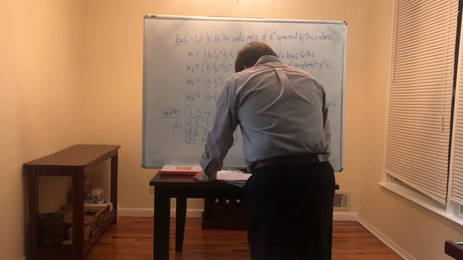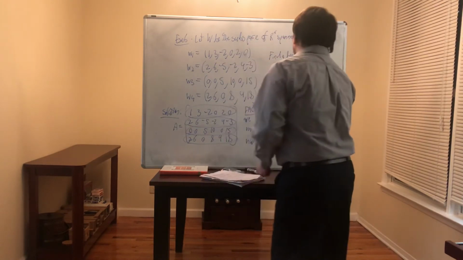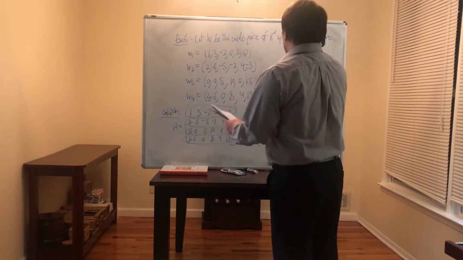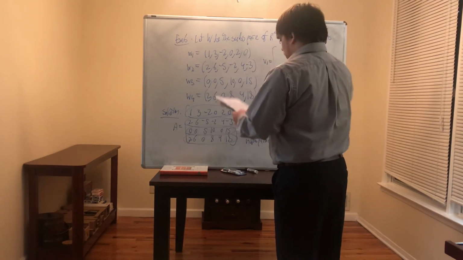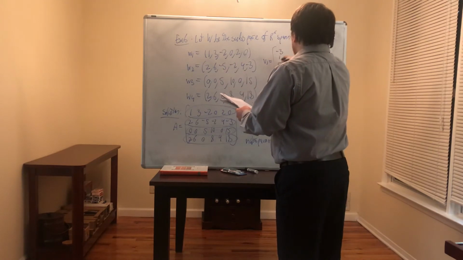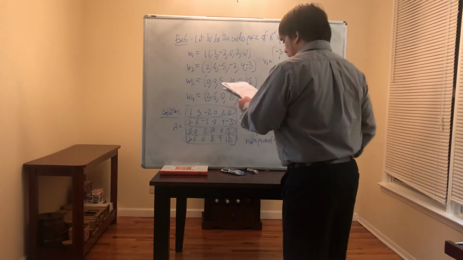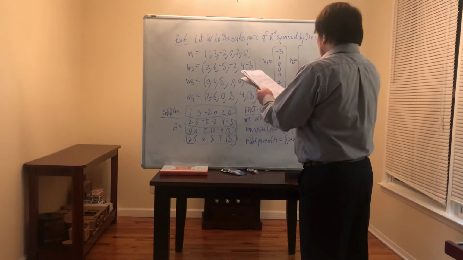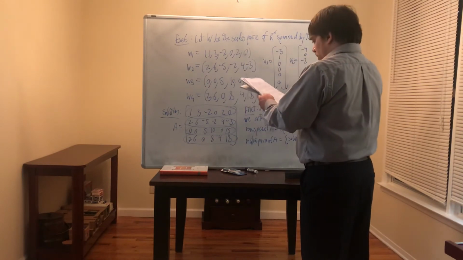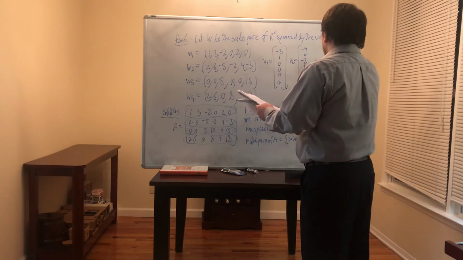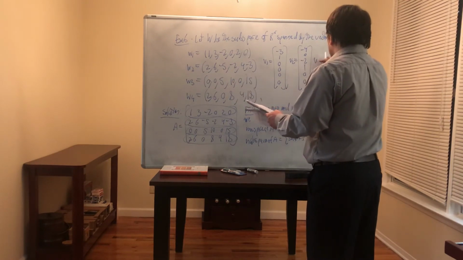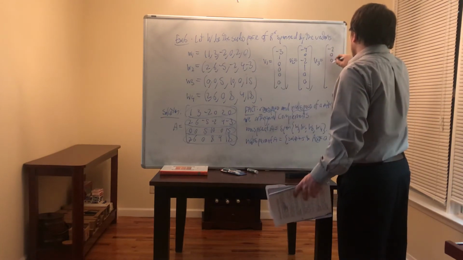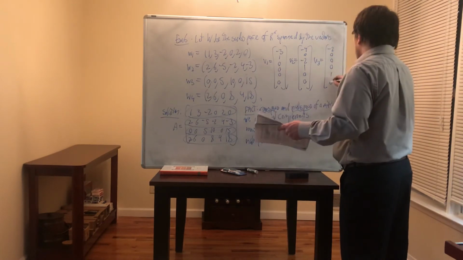Okay? And so you get as a final answer, a basis is V1, which is negative 3, 1, 0, 0, 0, 0. V2, which is negative 4, 0, negative 2, 1, 0, 0. And V3, which is negative 2, 0, 0, 0, 1, 0.